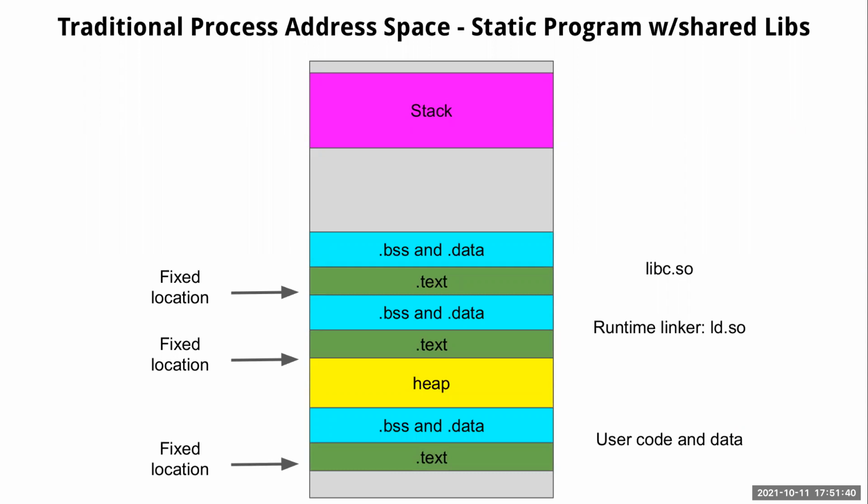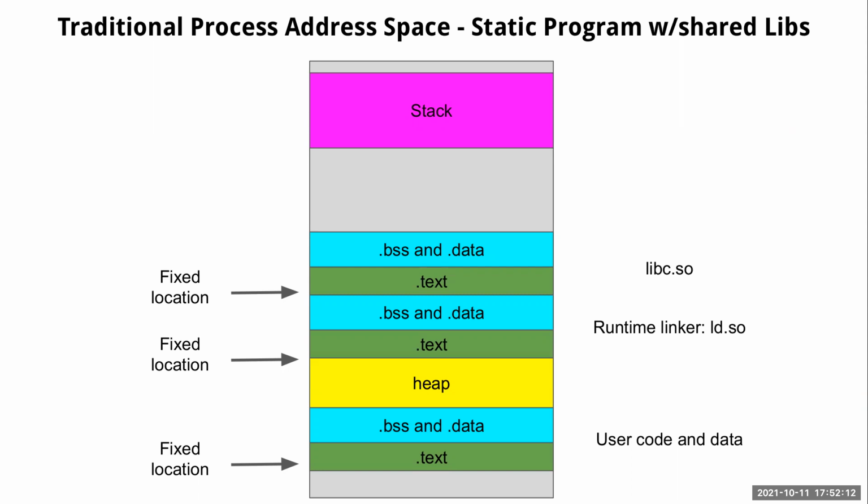If we have a static program, static meaning not moving in this case, but this program is dynamically linked, then it may have libraries. It may share libraries like libc with other processes. Even though there is just one physical copy of libc in physical memory, all the programs using it will map it to different locations in their own virtual address space.